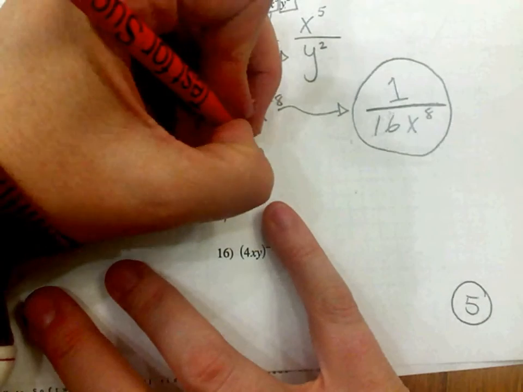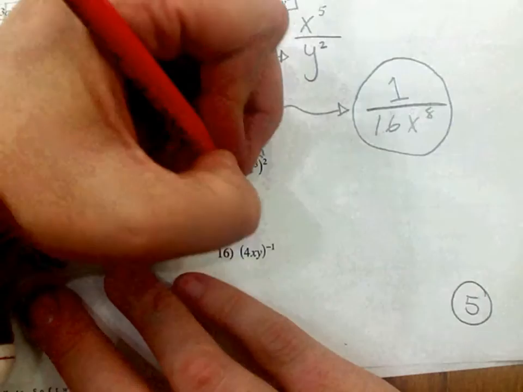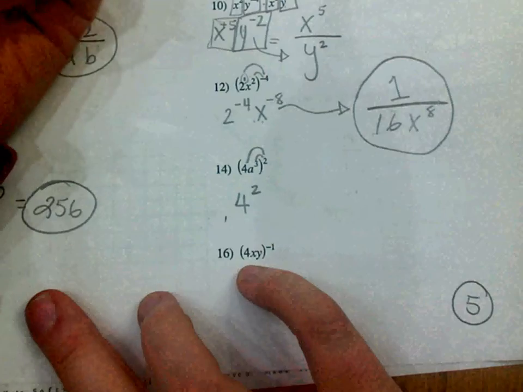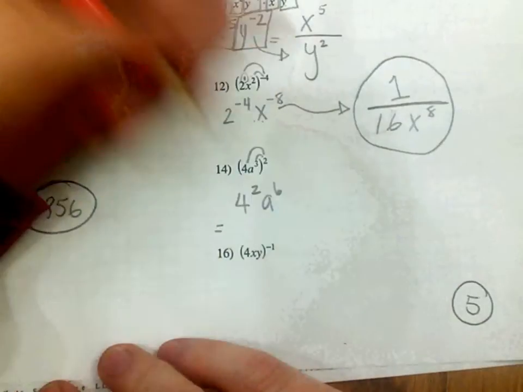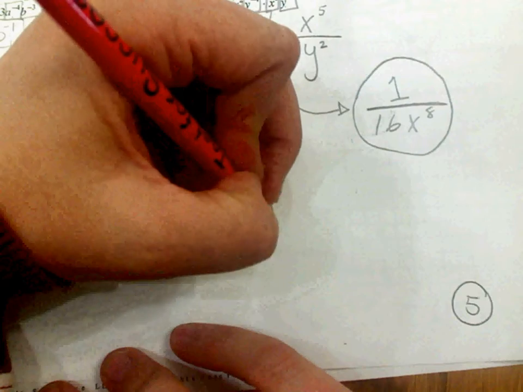Okay, again, multiply the exponents, so that becomes 4 to the 2nd, a to the 6th. 4 to the 2nd power is 16, so you need to write it like that.